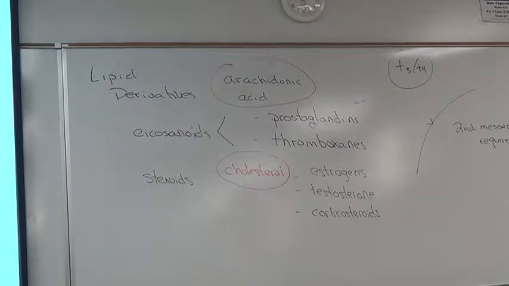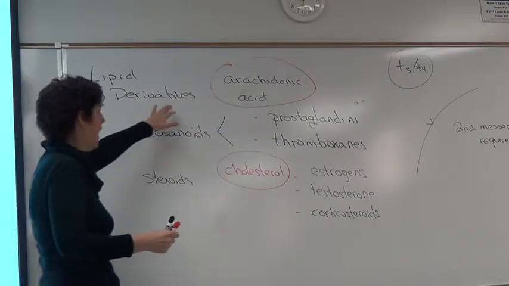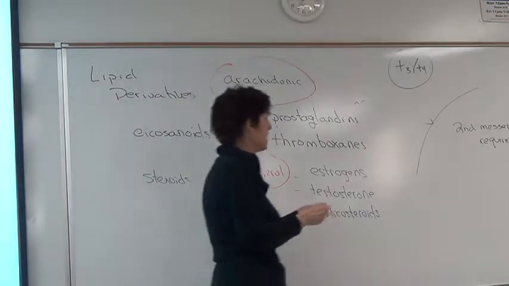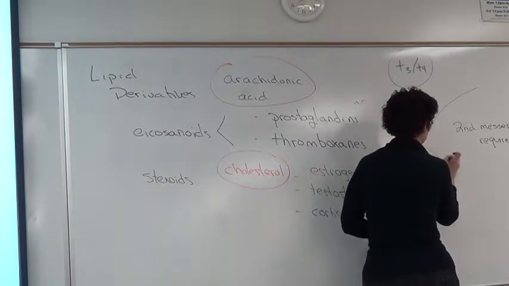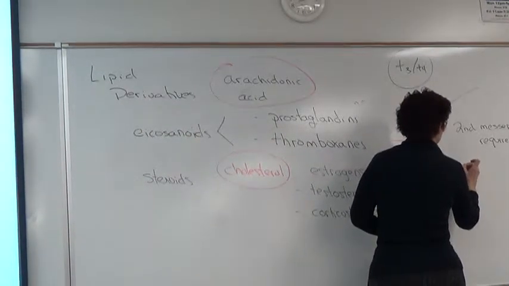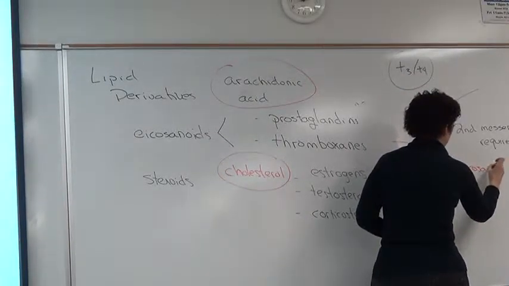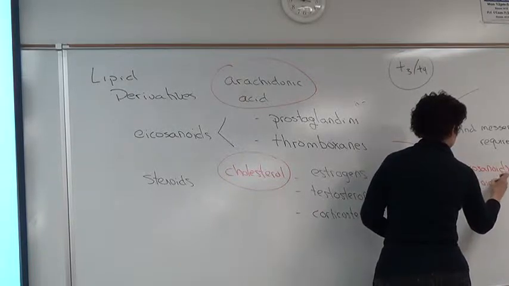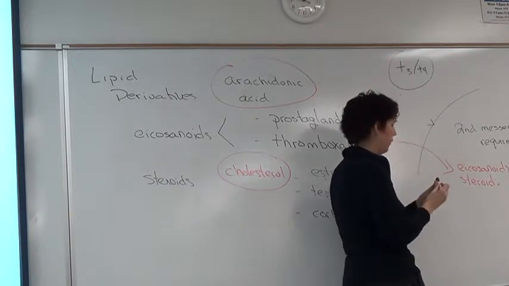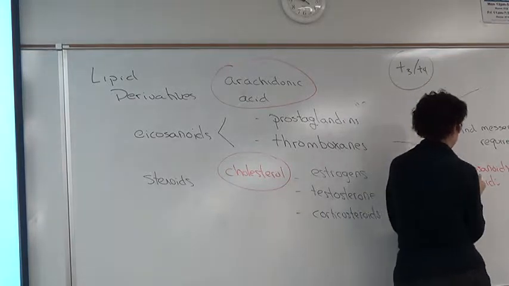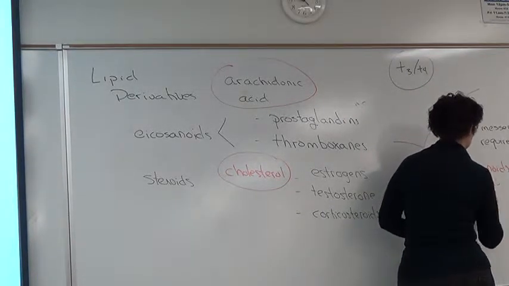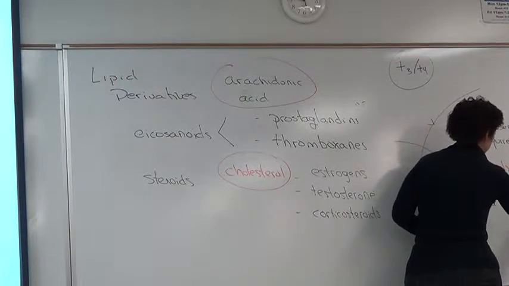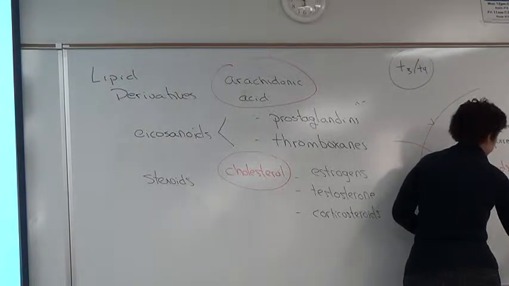Now, steroids being arachidonic acid and cholesterol derivatives, eicosanoids and steroids, these are going to be soluble in the plasma membrane, and therefore their receptor will be in the cytoplasm or in the nucleus.